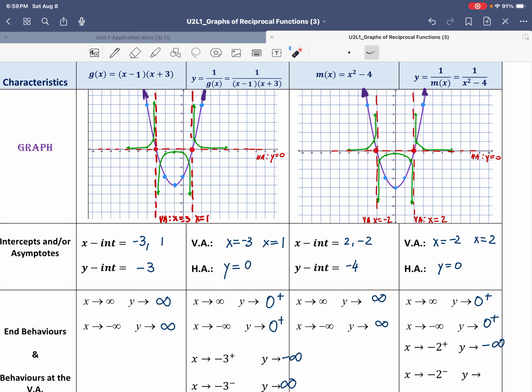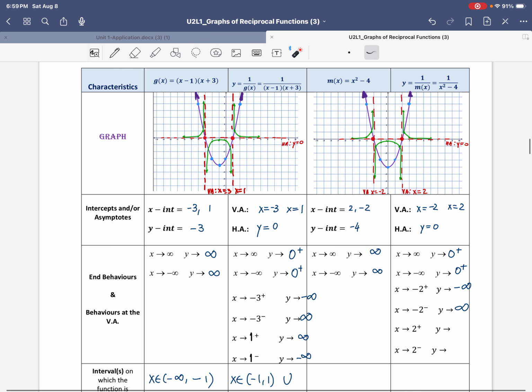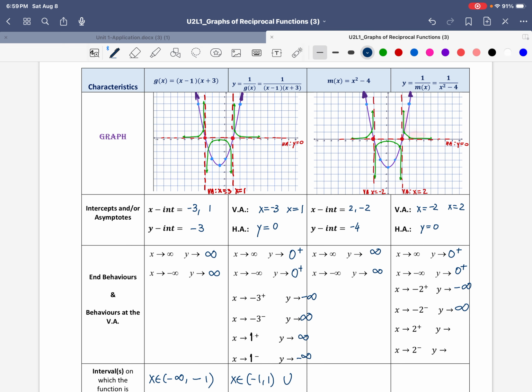So that's negative 2 from the right-hand side, and negative 2 from the left-hand side. And in a similar way, we'll determine the behavior at 2: 2 plus is to positive infinity and 2 minus, it's to negative infinity.